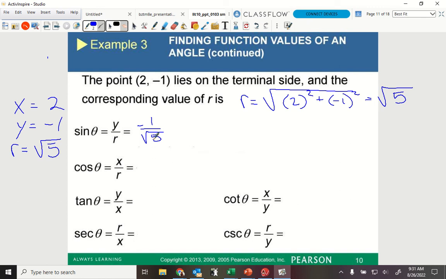Now, this is going to happen a lot. The word is called rationalize. By rationalizing something, I'm going to multiply by the value of 1. But my 1 is going to look funky. Think about this. What is 5 divided by 5? 1.